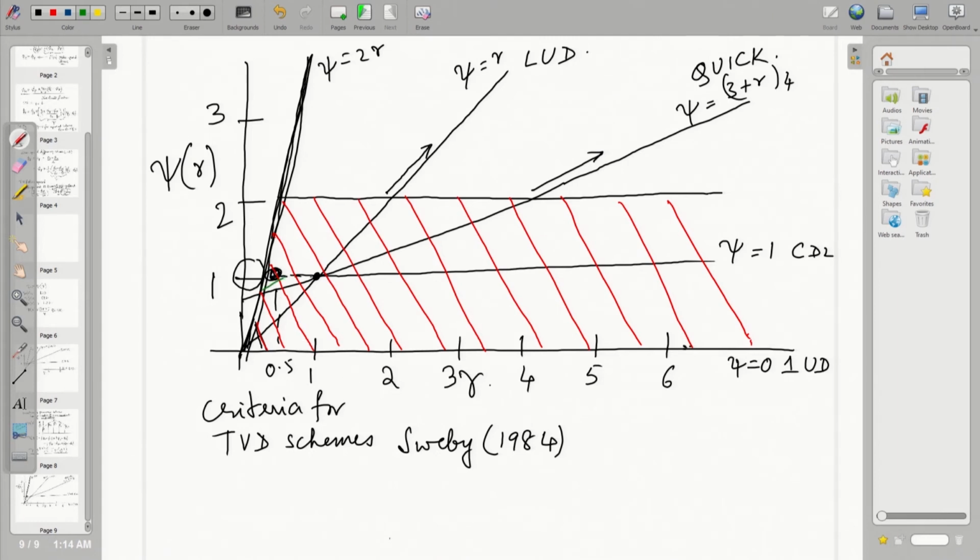So, we are going to further shade another region here within the red region itself, which is going to satisfy second order accuracy, which is always more desirable over first order accuracy.